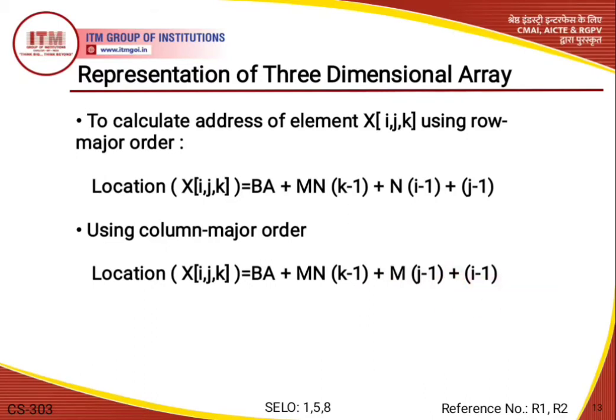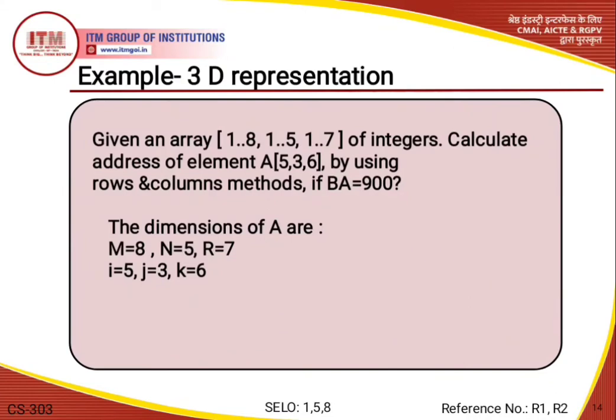Now the question arises in your mind, what are these values? For better understanding of these values, we take the example of 3D representation. Here is given an array of 1 to 8, 1 to 5 and 1 to 7 of integers.